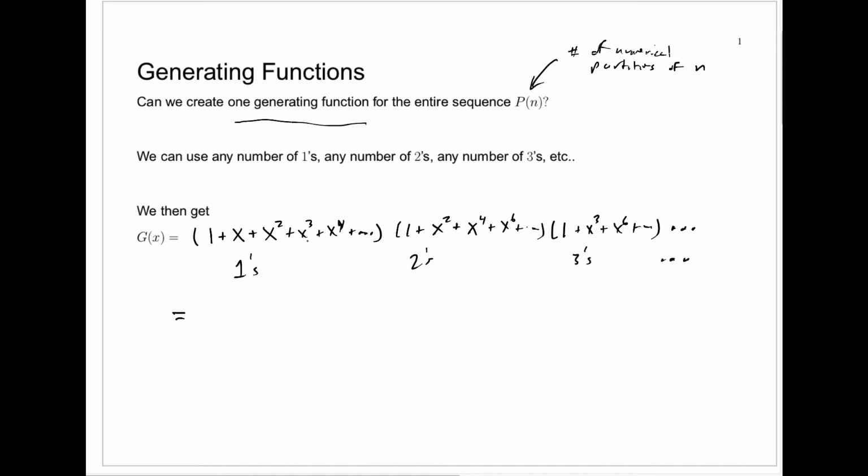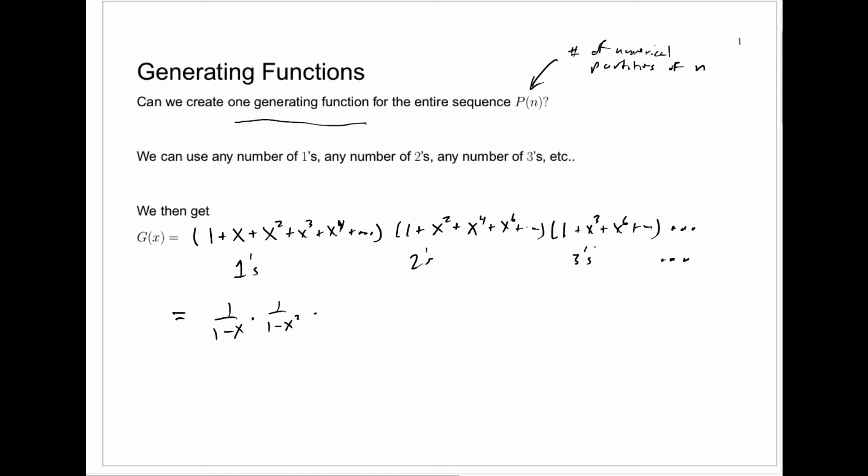We recognize that this power series, 1 plus x plus x squared plus x cubed, etc., can be written, you should remember this from your Calc 3 classes, as 1 over 1 minus x. This next power series looks the same, only we have x squared in place of x, so it's just 1 over 1 minus x squared.